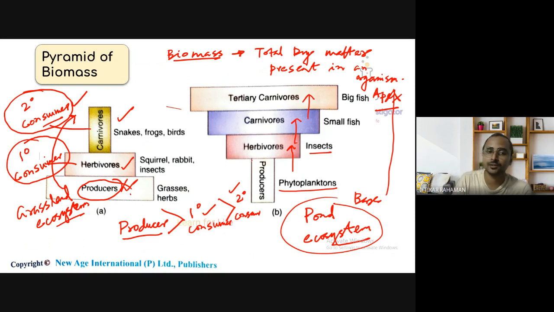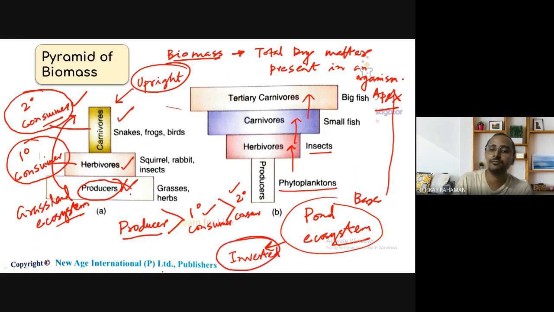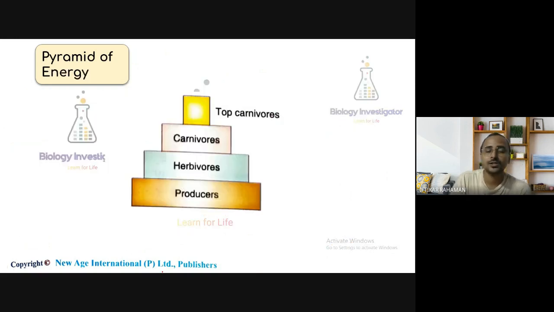So this is another thing. This is upright pyramid, and this is inverted pyramid. So you need to remember these things. Next one is pyramid of energy. There is only one specific shape of pyramid in the pyramid of energy.